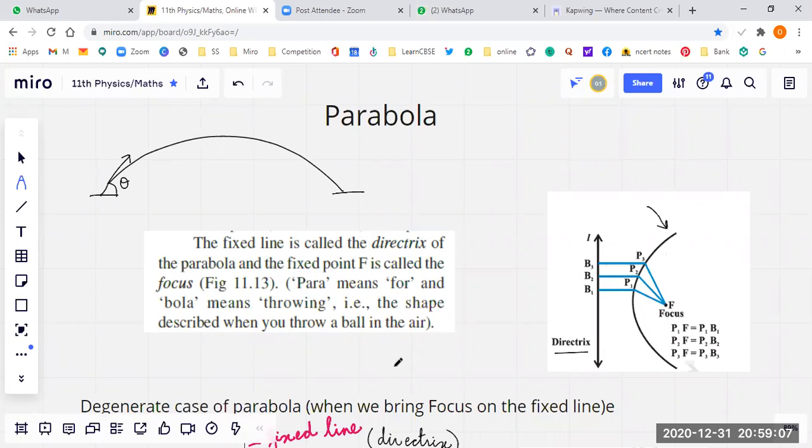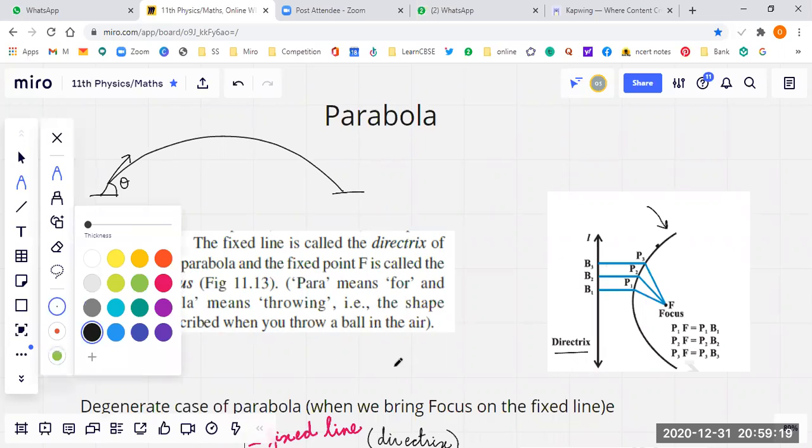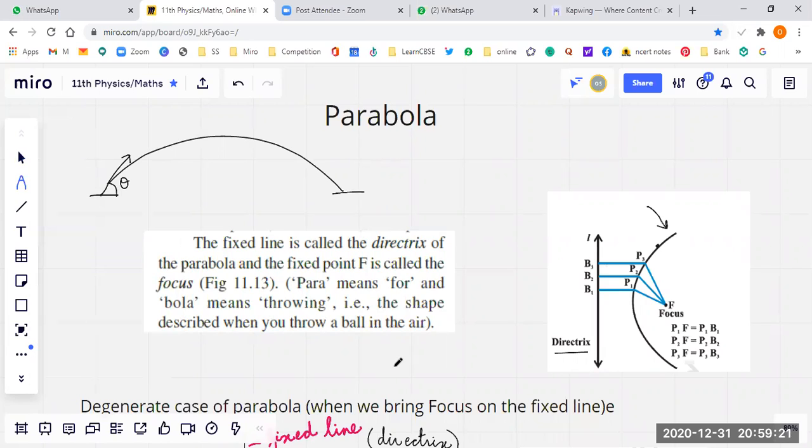What is a generating point? This point marked in red color is the generating point. It can occupy any position on this parabola.